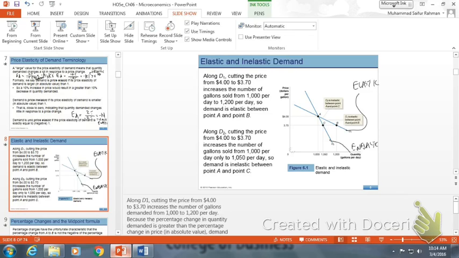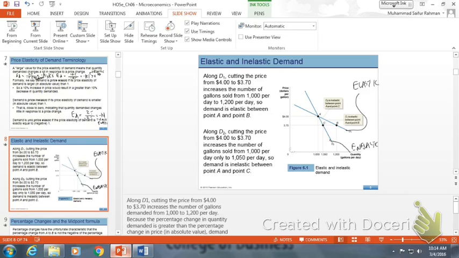So our new quantity is 1,200. Old quantity is 1,000. So it is 200 divided by 1,000 times 100, which is 20%.